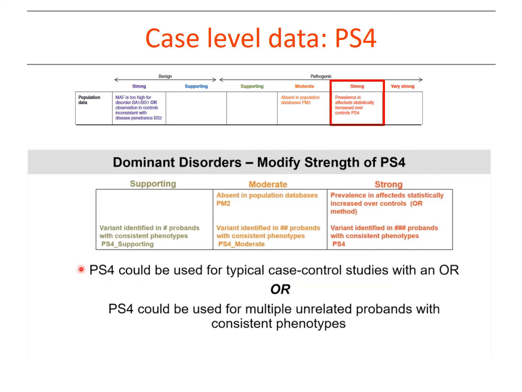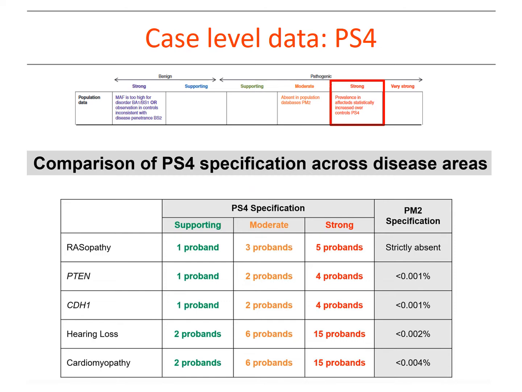So PS4 could be used for just a typical case and control study, which you can sometimes find in the literature, or you can use it as proband counting for multiple unrelated probands with a consistent phenotype. And these are the numbers the variant curation expert panels come up with. So again, this is the RASopathy, PTEN, CDH1, and so on. And these are the numbers they come up with for the different evidence strengths, supporting, moderate, and strong.